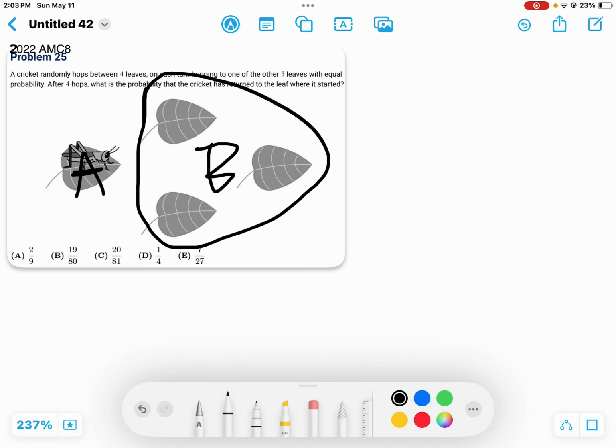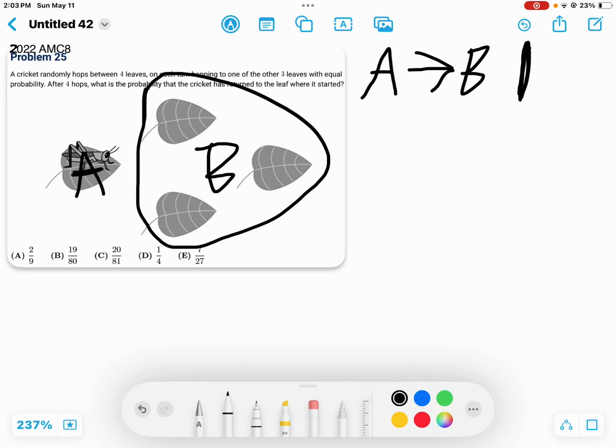Okay, and now we have a few probabilities. We have that the probability that the grasshopper starts at A and jumps to B is 1.